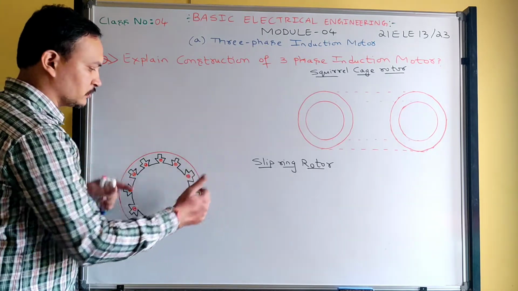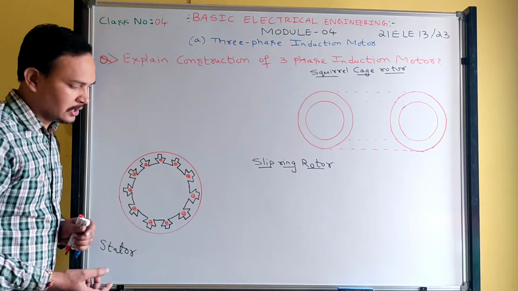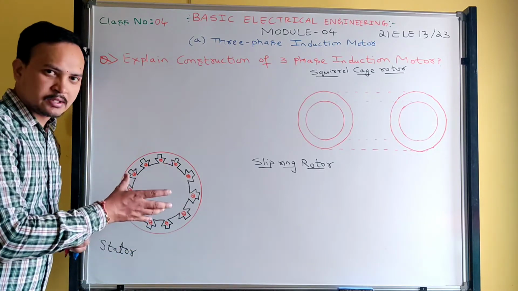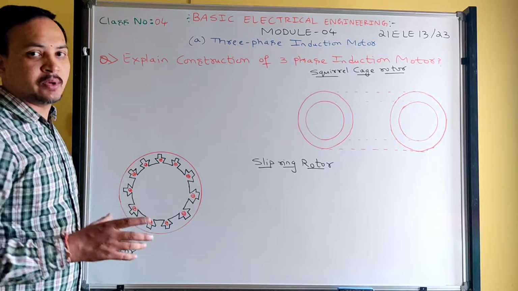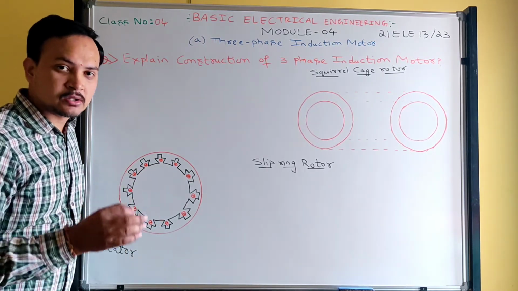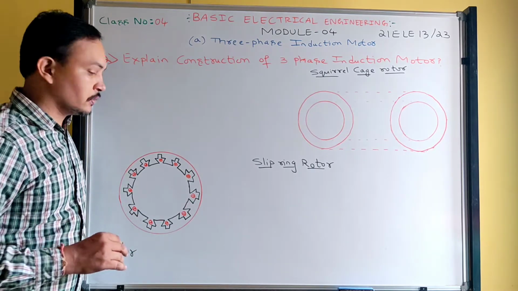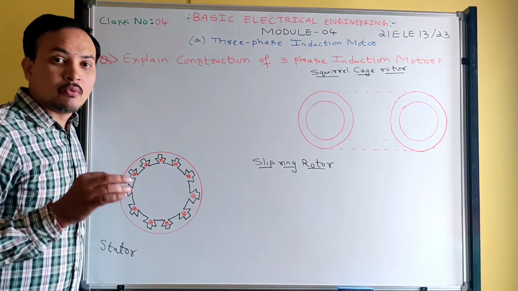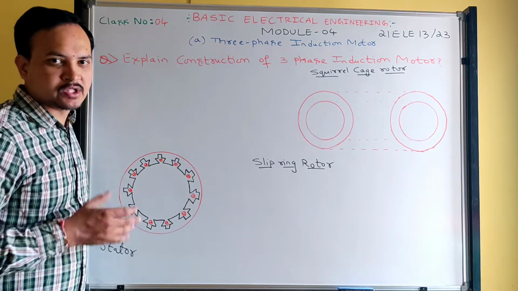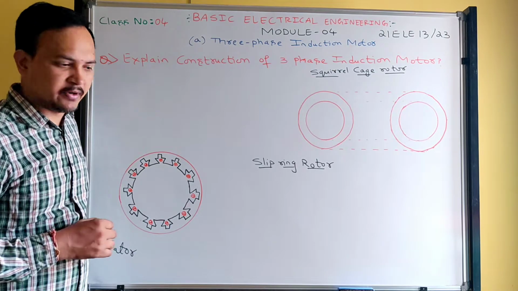So when current flows through the stator winding, it produces a magnetic field in all the windings, and that magnetic field is going to rotate at a speed called synchronous speed. That is also called the rotating magnetic field, at a constant magnitude of 1.5 times phi m. This is what we learned in the concept of rotating magnetic field.